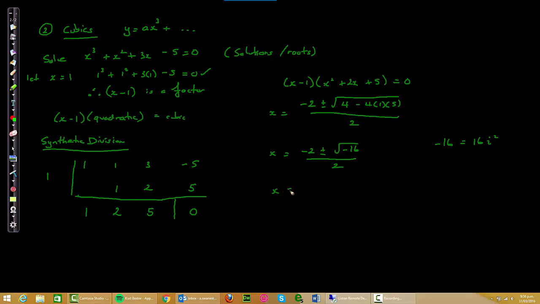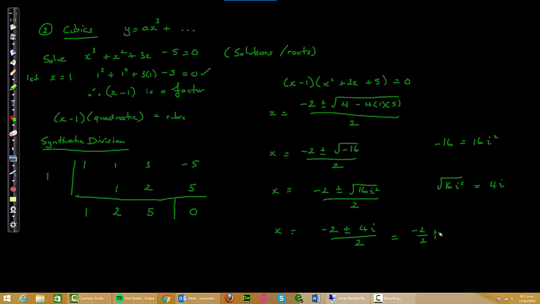So let's substitute that. Now 16i squared, that's the square root of 16, which is 4, and the square root of i squared, which is just i. So we end up with negative 2 plus or minus 4i over 2, and this can be simplified, so we should simplify it. So that's negative 2 over 2. Let's write it just in long form for a moment.